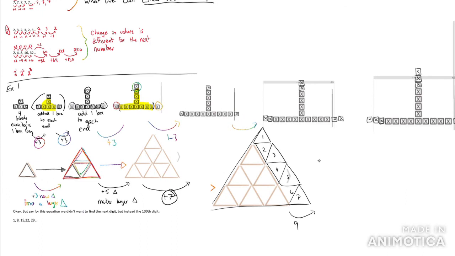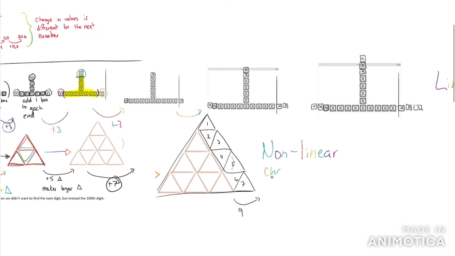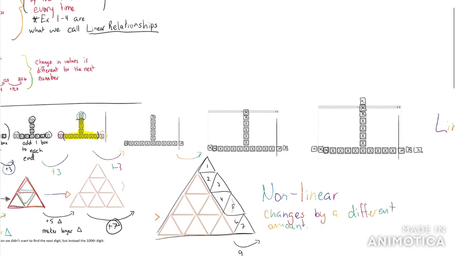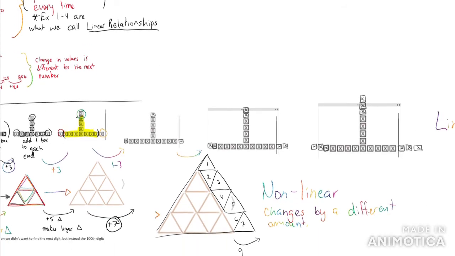This one, I'm just going to say for right now it's non-linear because it changes by a different amount. And I'll make a note of that. So key takeaway from this, linear relationships change by the same amount for each step in a pattern. Non-linear relationships change by a different amount for each step in their pattern.